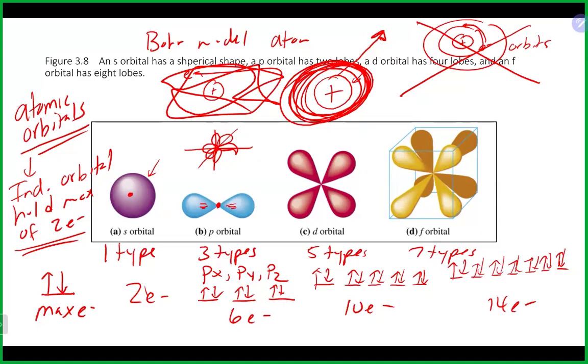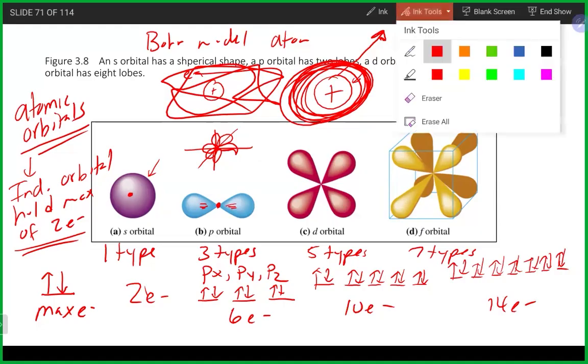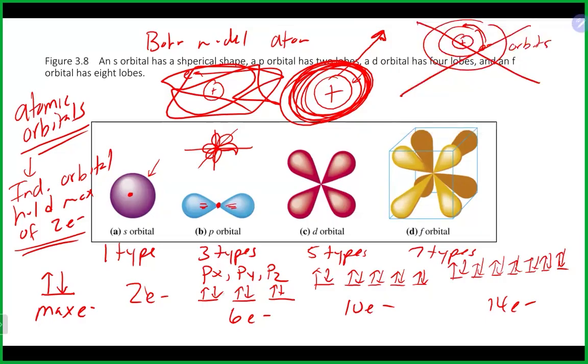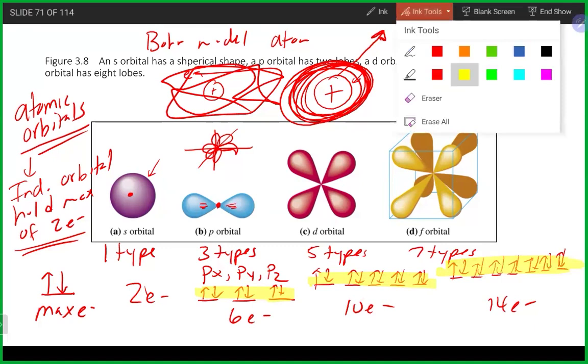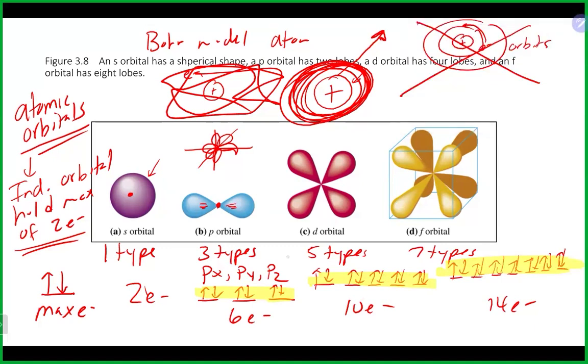When we look at orbitals on the same energy level where there are multiples, like the 3 different p orbitals, 5 different d orbitals, and 7 different f orbitals, these are sometimes referred to as subshells.